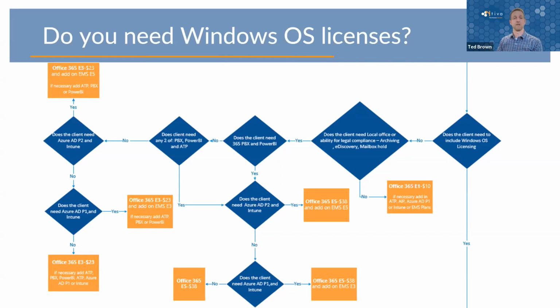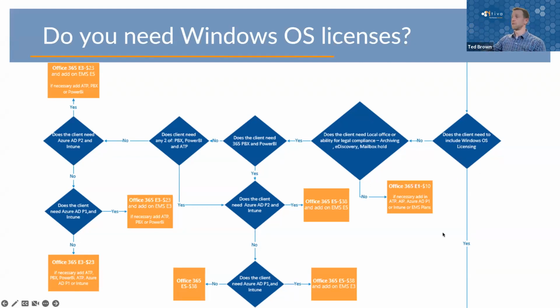And if necessary, you add in any additional licensing, because you can purchase them ad hoc, and sometimes that is cheaper than buying the full bundle. That comes down to whether you're just buying one of Advanced Threat Protection, a separate PBX, or Power BI. It's a bit of a matrix to see what pricing makes sense, but this is a decision tree that really helps drive you to the correct solutions as an organization.